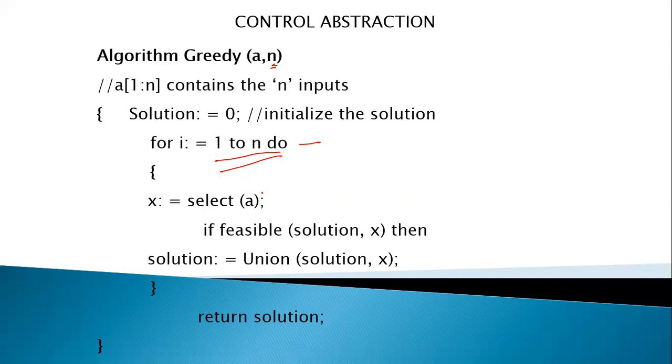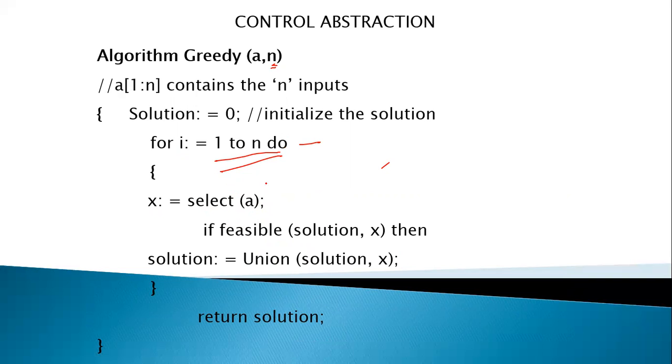We select one input, and if this is a feasible solution, then it will be added to the solution subset. This is the union. If it is not a feasible solution, that means it does not satisfy the constraints, then we simply ignore that value and move to the next input.